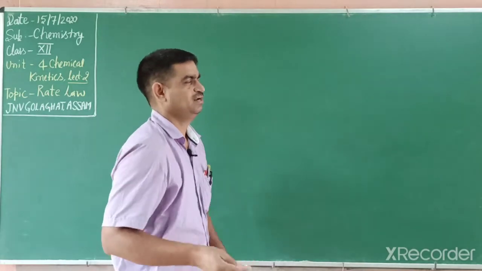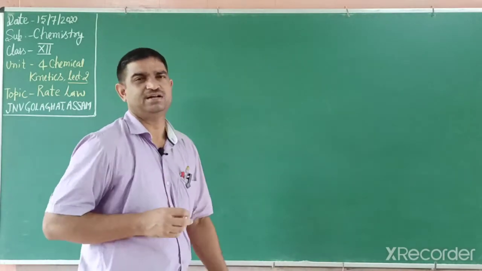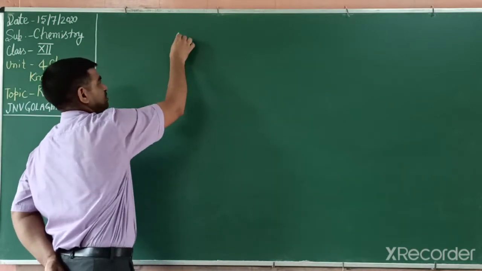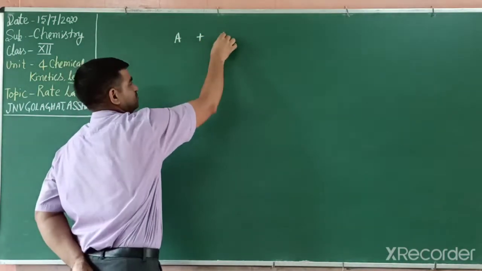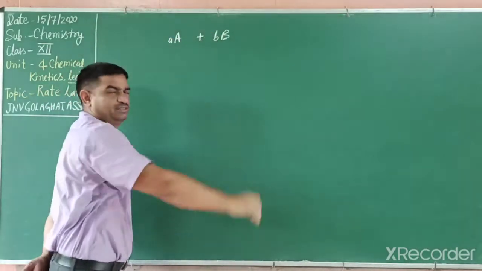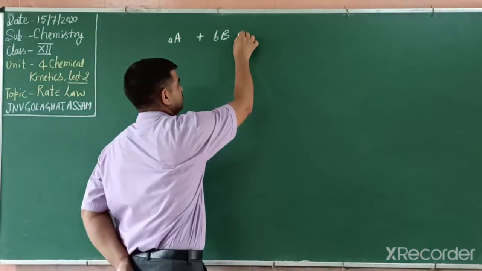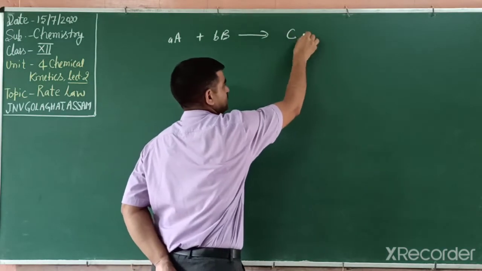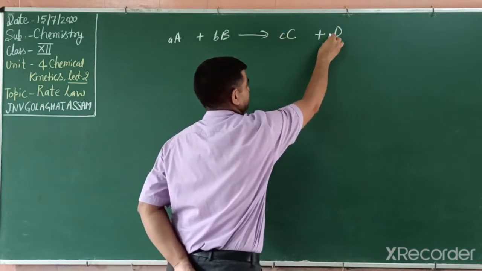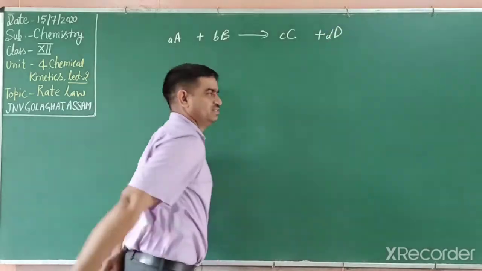For example, if you write a general hypothetical reaction in this way, aA plus bB converts into cC plus dD.